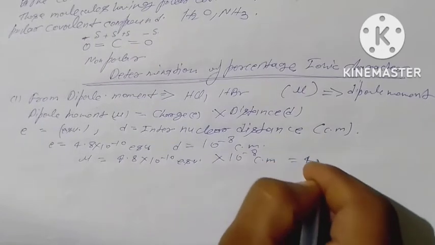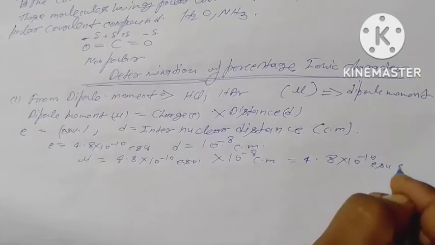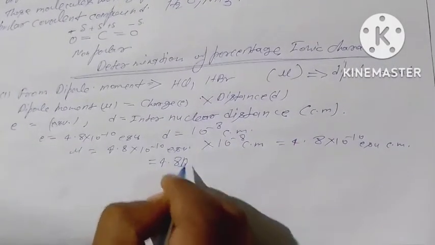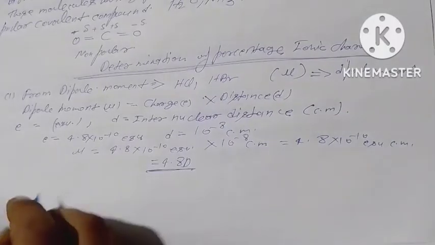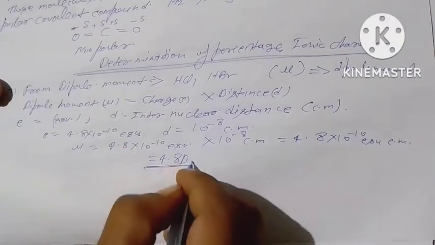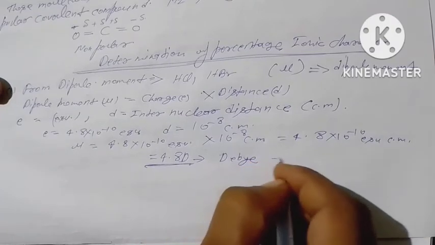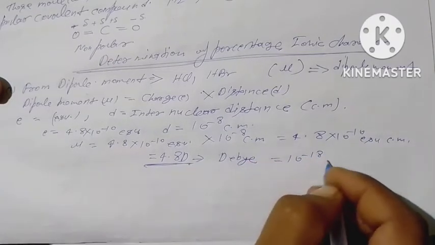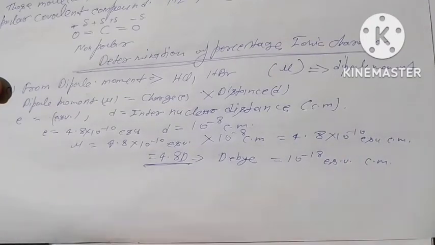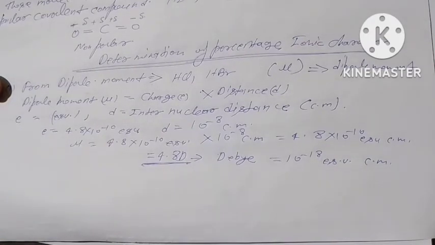That is 4.8 into 10 to the power minus 18 ESU cm, that is 4.8 D. D is Debye, equal to 10 to the power minus 18 ESU cm. Hence, the unit of dipole moment mu is called Debye.